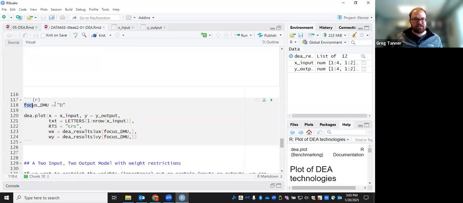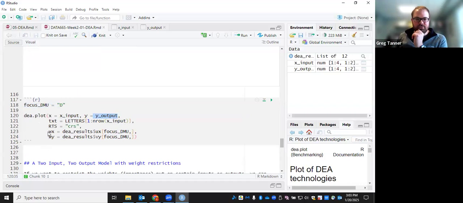So here I'm going to choose a focus DMU, and then I'm going to ask to do the DEA plot. If you give it X's and Y's with multiple inputs and multiple outputs, by default, it'll just add all the inputs together, assuming that they're comparable, and add all the outputs together, assuming that they all have the same value. But that's usually not the case.